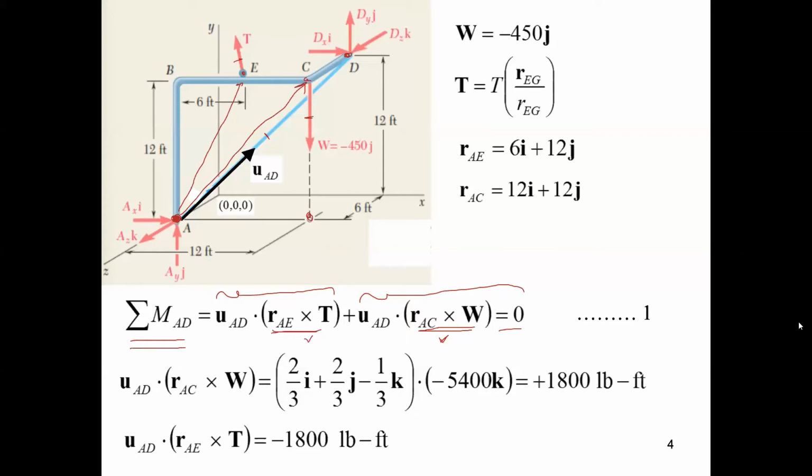Now we are ready to calculate the position vector RAE. The position vector RAE moves 6 feet in I and 12 feet in J. The position vector RAC moves 12 feet in I and 12 feet in J. The weight vector W is negative 450 in J. Why is it negative?